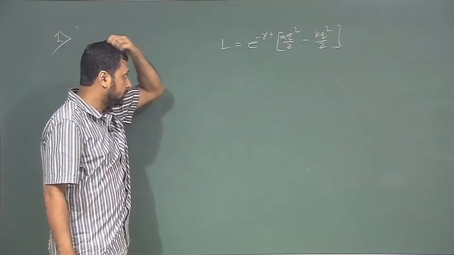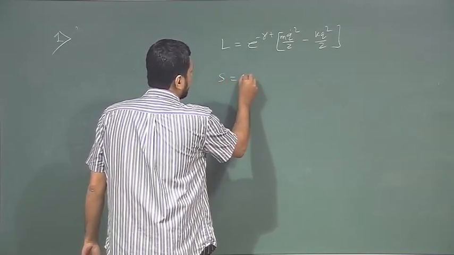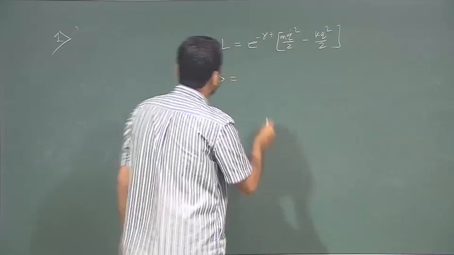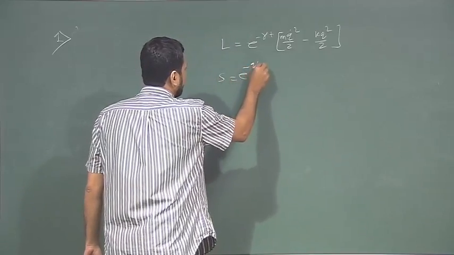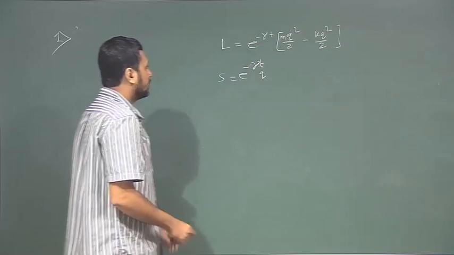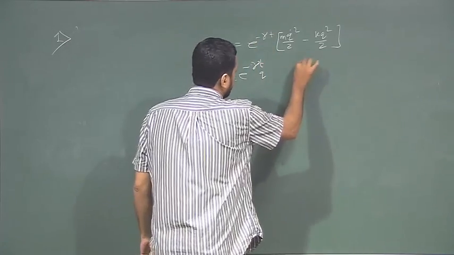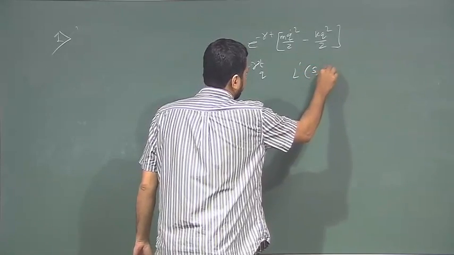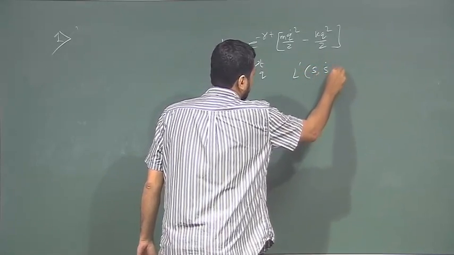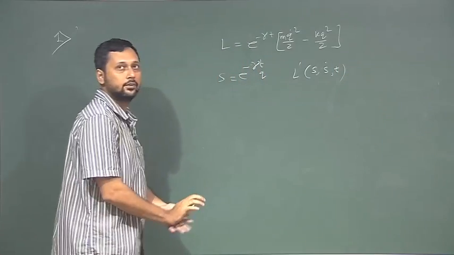Now, right now there is a point transformation S, which is e to the power minus gamma t q. So, we have to find out L prime, which is a function of S and S dot. This is our objective.